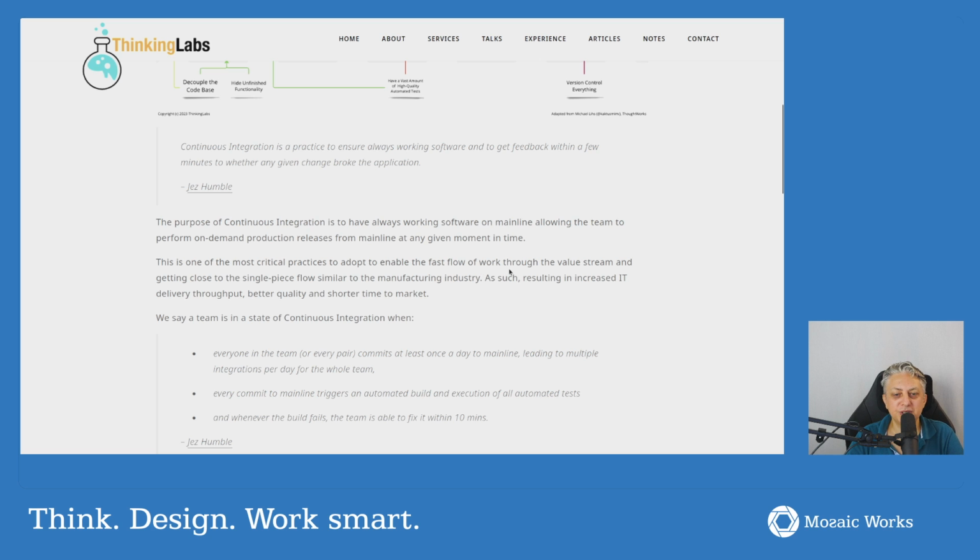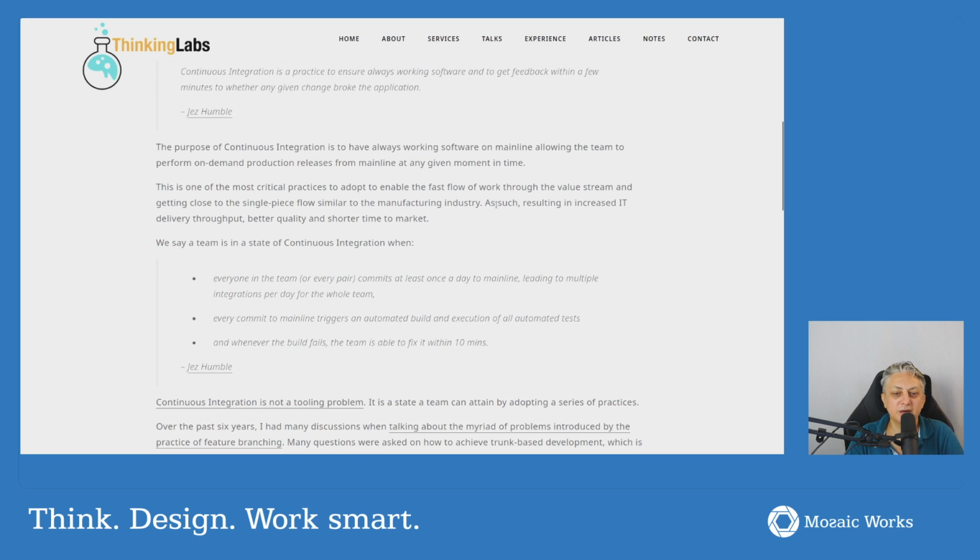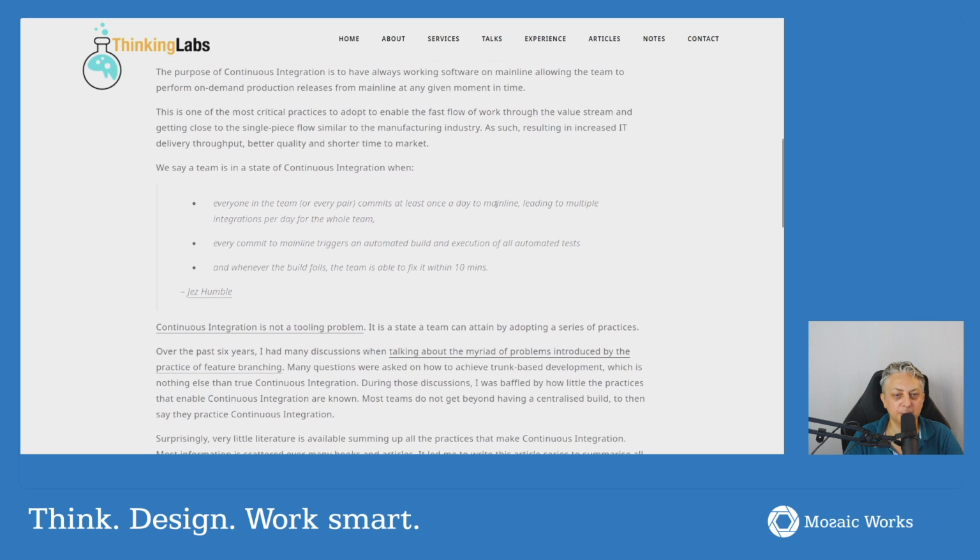Continuous integration is a practice to ensure always working software and to get feedback within a few minutes to whether any given change broke the application. Yeah, so this is what it is. Okay, it's a practice to ensure always working software. The purpose of continuous integration is to have always working software on mainline, allowing the team to perform on-demand production releases from mainline at any given moment in time.